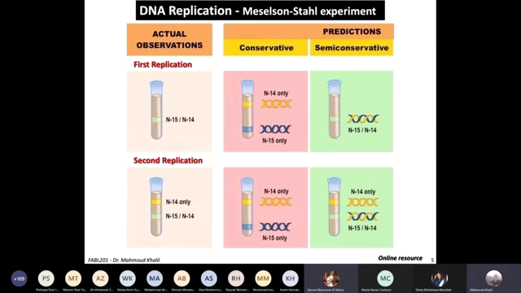Semi-conservative. The prediction or the actual? The actual. Actually, the actual for semi-conservative is the same as the prediction model. You can see it's N15, N14, the same.